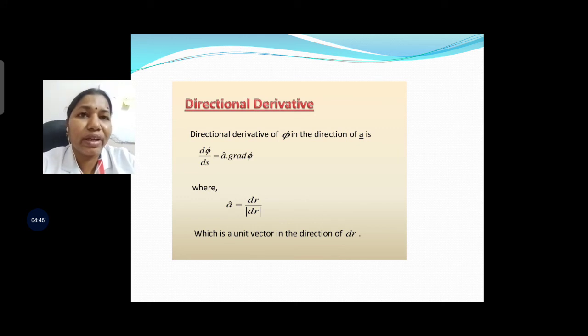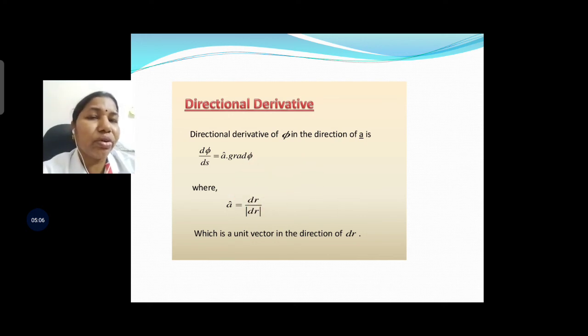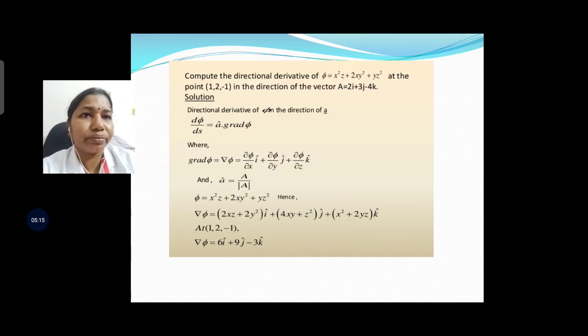If any vector is given, for example 2i plus 3j plus 4k, we write the vector in the numerator and in the denominator we take the root of 2 square plus 3 square plus 4 square. So we will get the unit vector. So the ratio of any vector by its magnitude is called the unit vector.